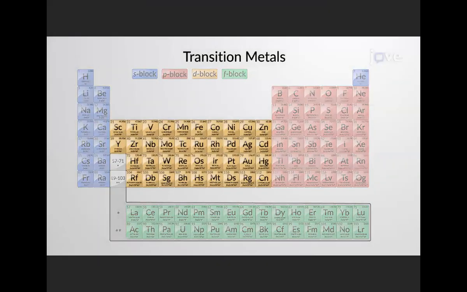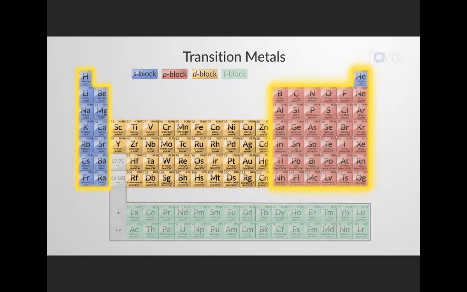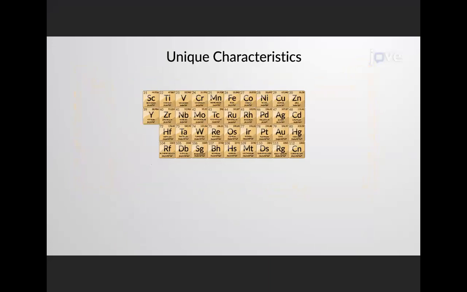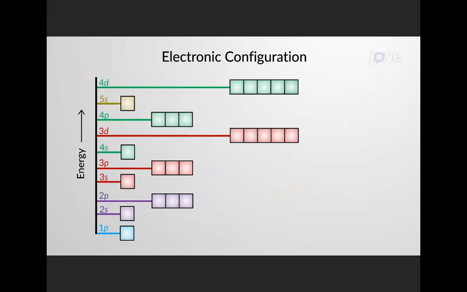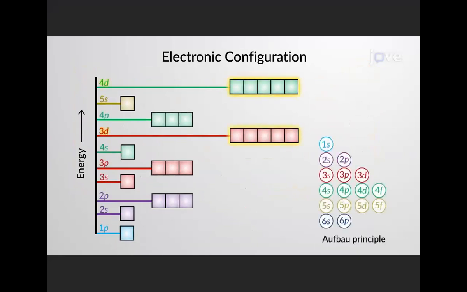Transition metals are a group of elements located in the D block. They are placed between the main group elements and exhibit unique characteristics, such as electrical conductivity, colors, hardness, high melting points, and magnetism. Many of these characteristics are attributed to the filling of d orbitals. Moving across the period, electrons are added following the Aufbau principle.